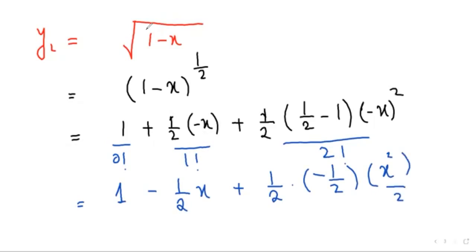You can write it like this, plus something like this. So for simplicity, we can do one more step: 1 minus 1 by 2 x minus 1 over 8 x squared. Okay, so this is our y2.